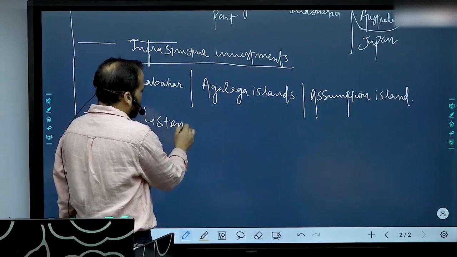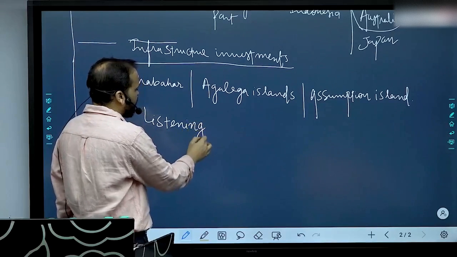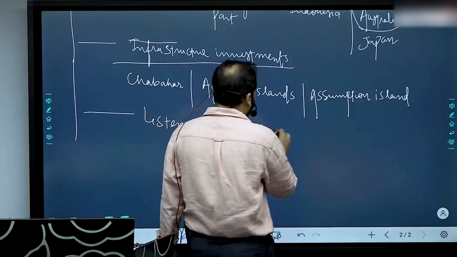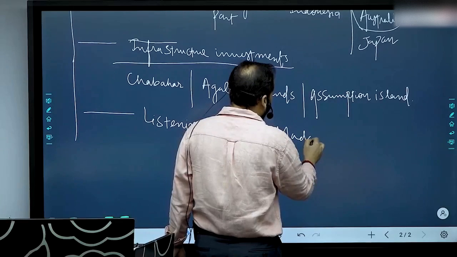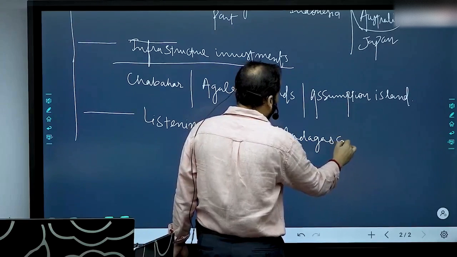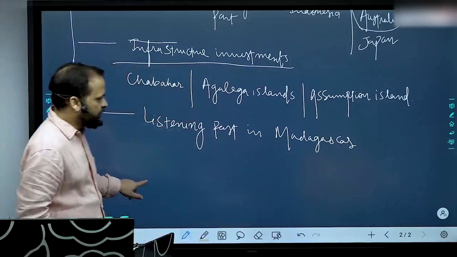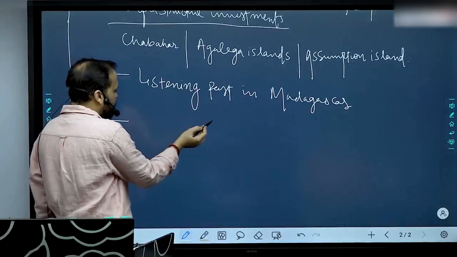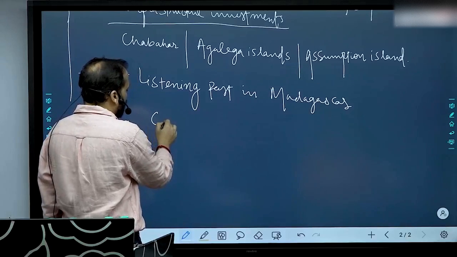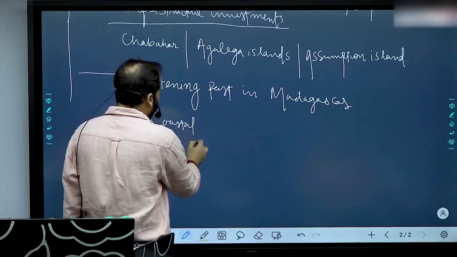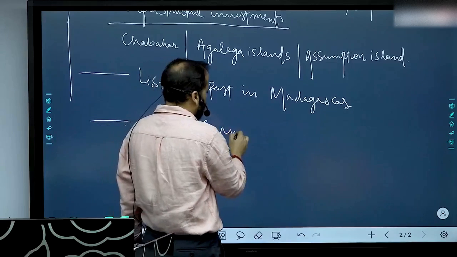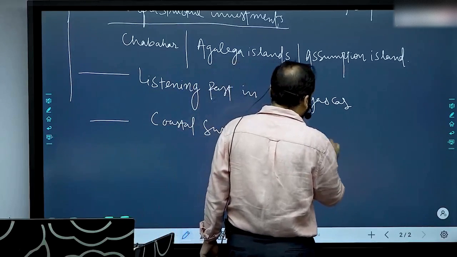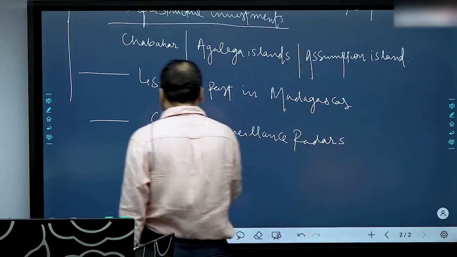Then we have certain military logistics in cooperation with other countries. For example, listening posts in Madagascar. All right, listening post in Madagascar, and a series of network of coastal surveillance radars across Indian Ocean region. We have helped countries in developing coastal surveillance radar.